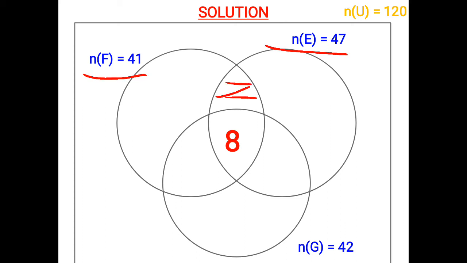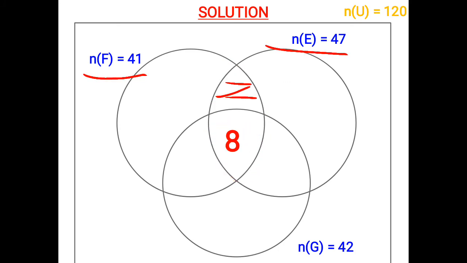That is French and economics only, region 6. But the question said French and economics. So because it is French and economics, it is region 6 plus region 7. That is the whole of this side. Meaning if I cover my all, I realize that the remaining part is in French and economics.